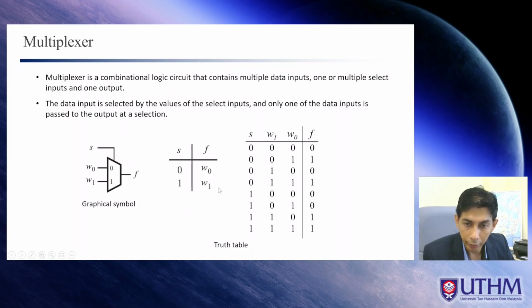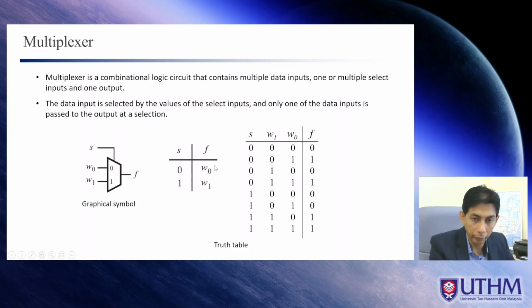And this is the behavior of this multiplexer, where we can see here, if S equals 0, the output F here will be equal to W0. And if S equals 1, the output F here will be equal to W1.